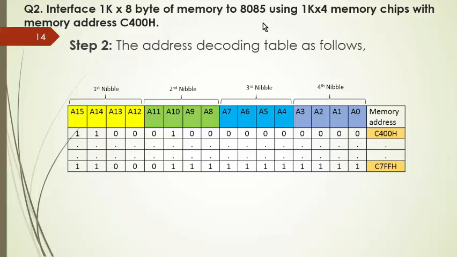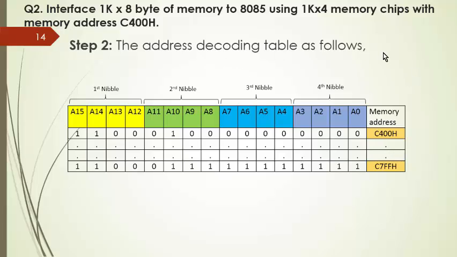Now we'll see the address decoding table. You have to draw the decoding table like this: memory address lines A0 to A15, then group them nibble-wise: first nibble, second nibble, third nibble and fourth nibble. Then you have to write the starting address.